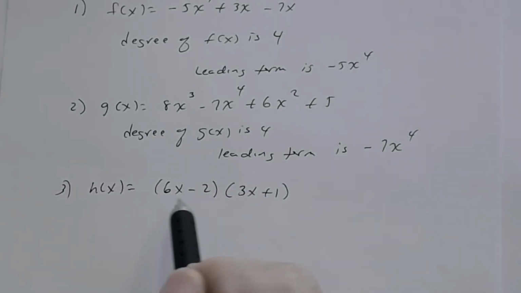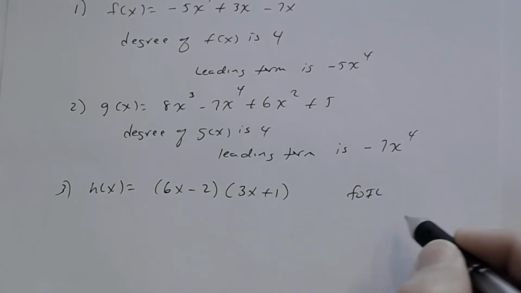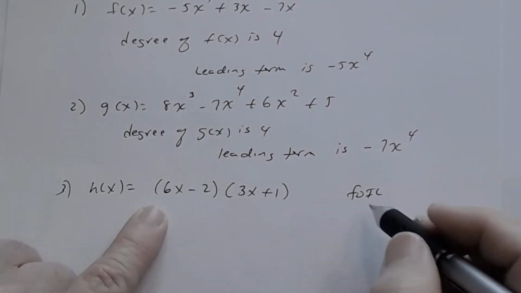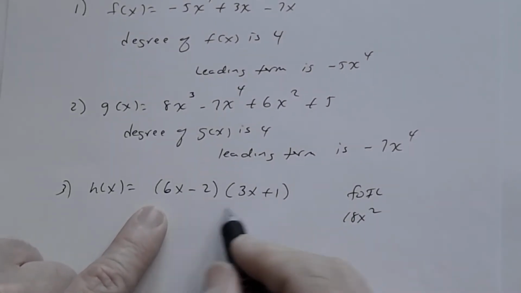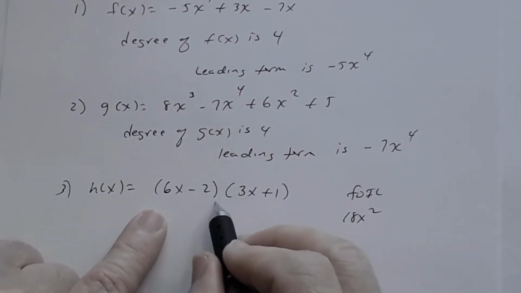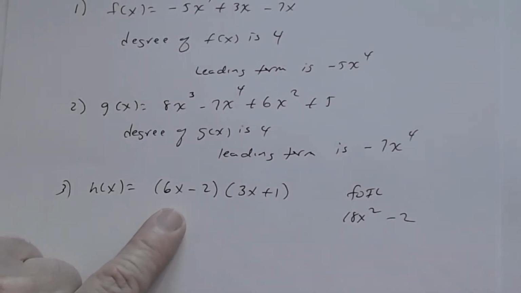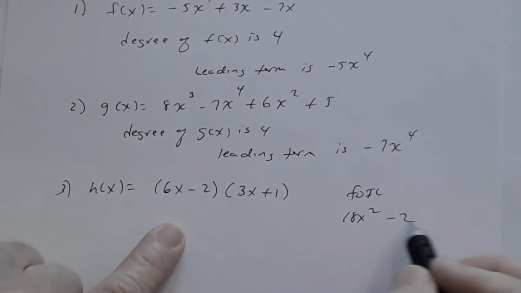I want to remind you about this. If I were to FOIL this out, so you have two binomials, if you FOIL, you would get 18x squared, and then the outer and the inner. So the outer is 6x, the inner is negative 6x, so that's 0, and then minus 2, right? So that's what you would get. So that's h of x. Okay?